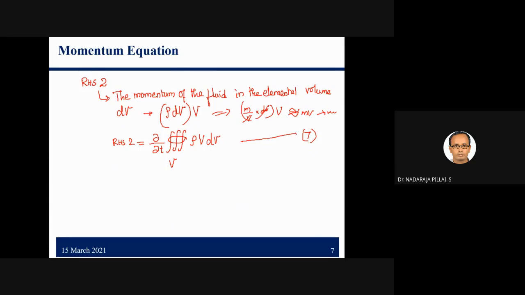Now let us combine the equation. That is the right hand side equation. That is equal to d by dt of mv.